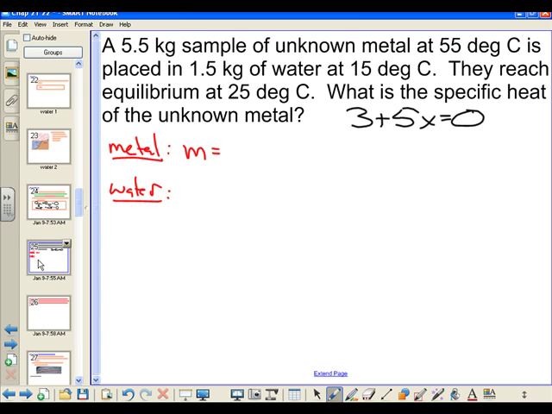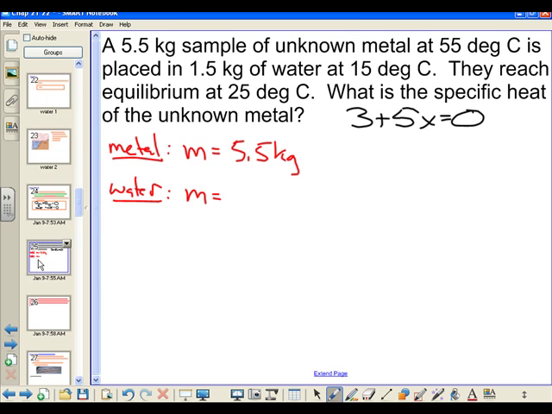Our problem says a 5.5 kilogram sample of an unknown metal at 55 degrees Celsius is placed in 1.5 kilograms of water at 15 degrees Celsius. They reach equilibrium at 25 degrees Celsius. What is the specific heat of the unknown metal? So first of all, we have our metal. What is the mass of the metal? 5.5 kilograms.